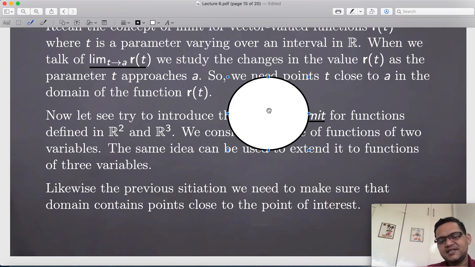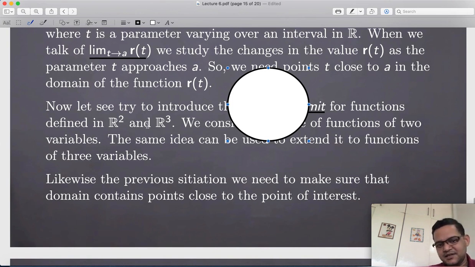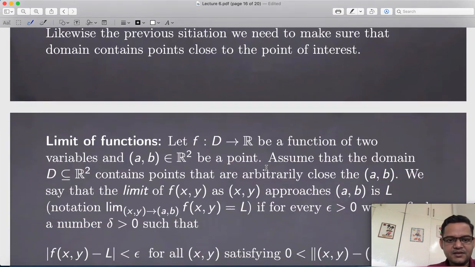Otherwise it just doesn't make sense. So this is something we have to make sure, and we will do that. And you will see that the idea of open sets and closed sets will come. Similarly, this is just the example for 2 variables, same idea for 3 variables.